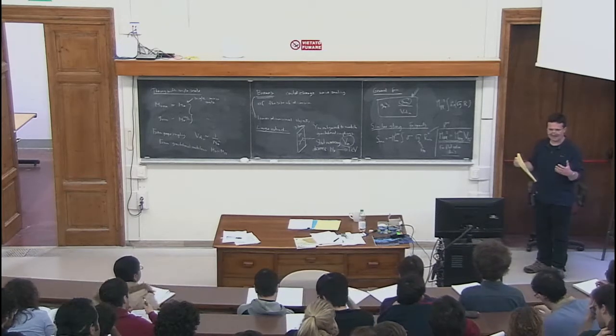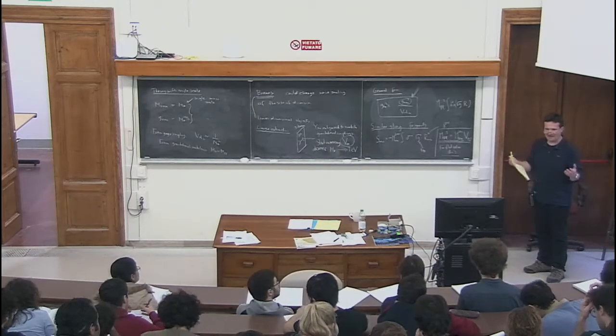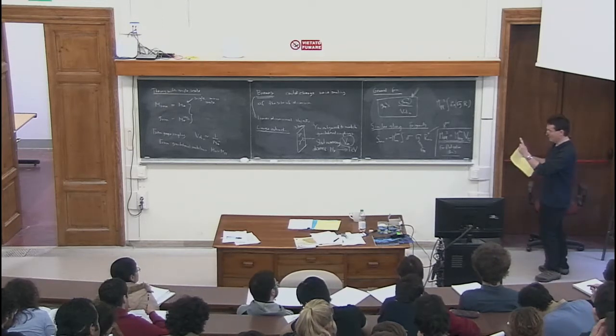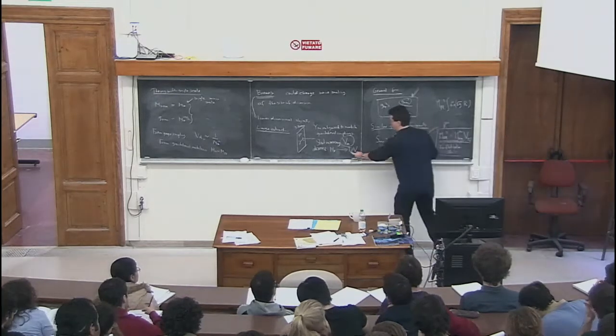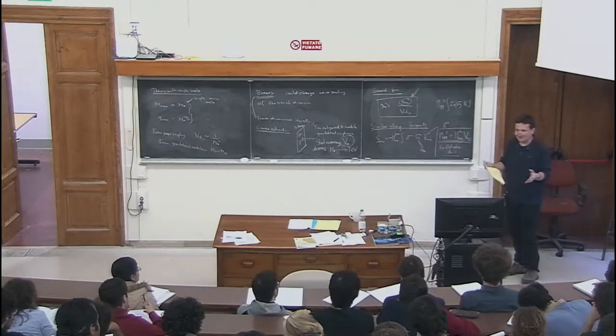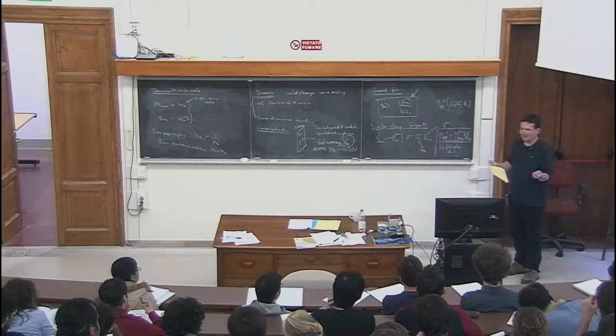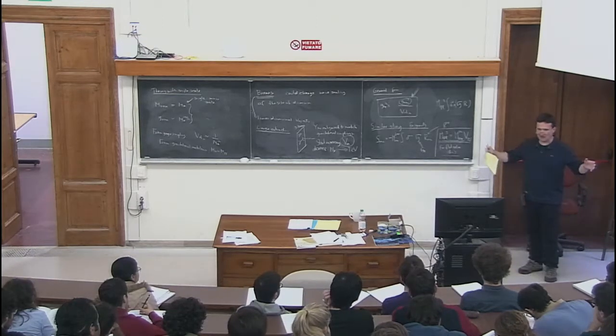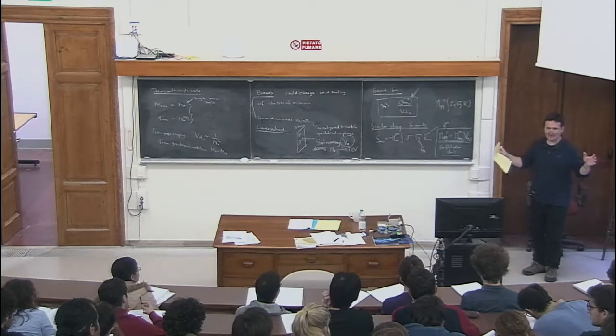So the question about the hierarchy will be translated to: if I only have one scale, M star, and that's a TeV, then why is the radius of the extra dimension not also 1 over TeV? Why is the extra dimension so large compared to that one natural scale? And that's a really difficult question.